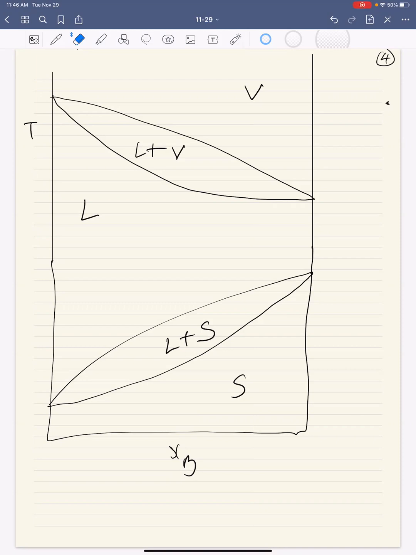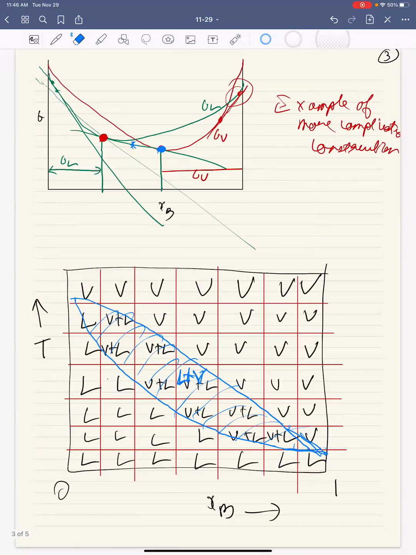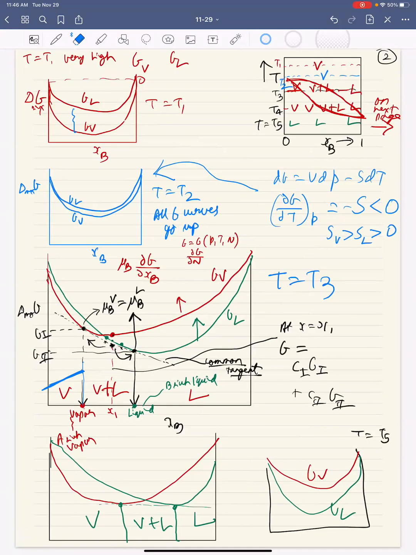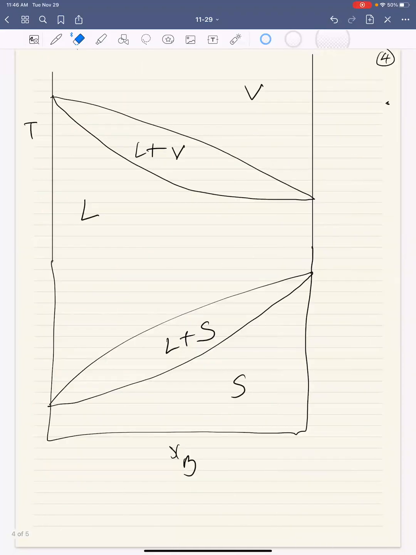Yeah, go ahead. Can you back up one slide, please? So just so I understand what's going on, each horizontal slice of the grid corresponds to how you marked out the regions on the... Yeah. Using the common tangent construction. Okay. So exactly. So this is what I'm coming to over here. Let's think about this point over here, this blue point. This is a point in which you want to split into a liquid and a vapor.